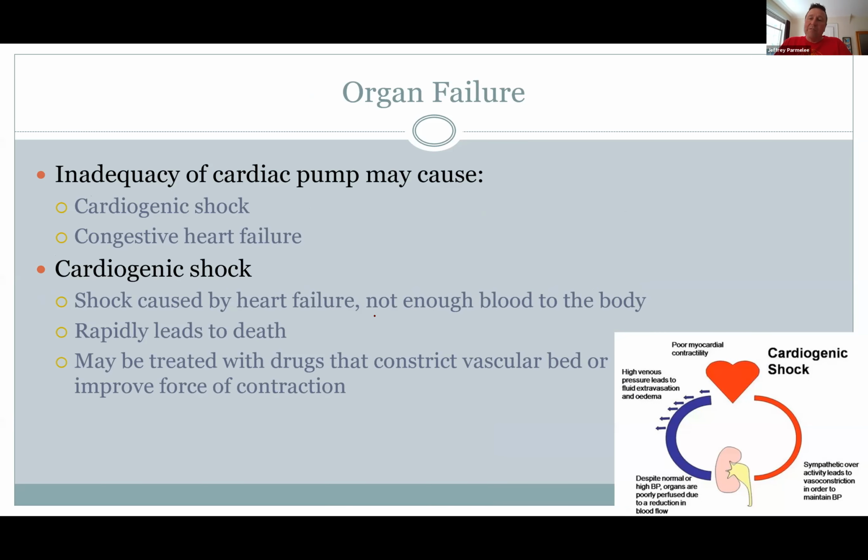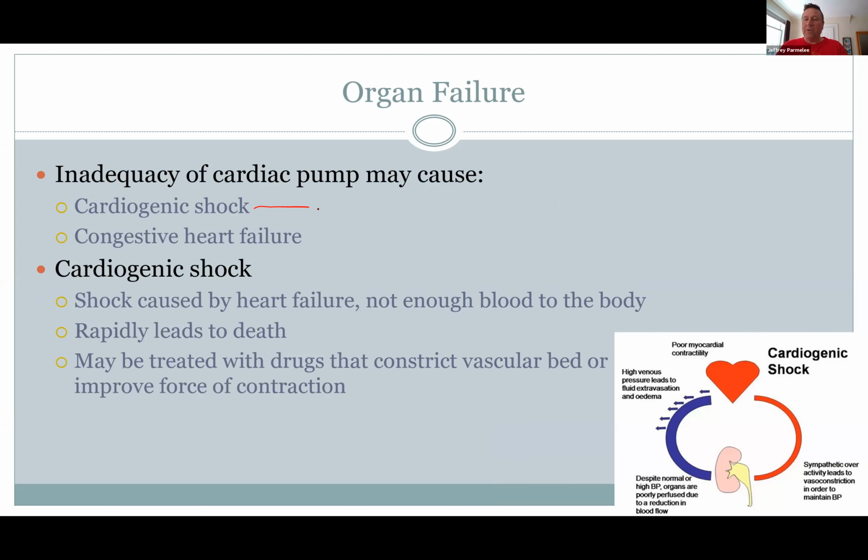So failure of your heart, right? I mean, death is going to be the major issue. We talked about shock. And so cardiogenic shock, right? Genesis: the heart as the cause of shock. And so if you don't have enough blood perfusion, you're going to go into shock.